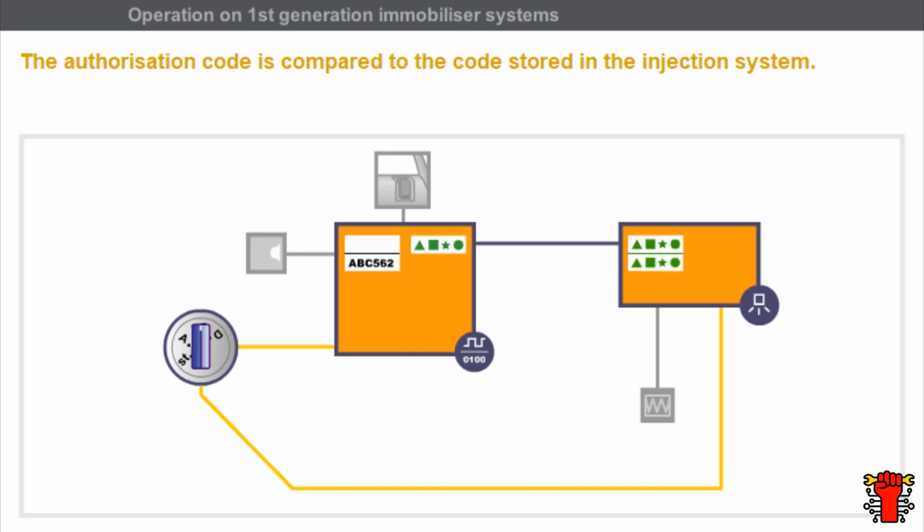If the authorization code corresponds to the stored code, the injection system is unlocked and authorizes the engine to start. If the authorization code does not correspond to the stored code, the injection system does not unlock. In this case, the injection system does not authorize the engine to start and causes the injection warning light to flash.